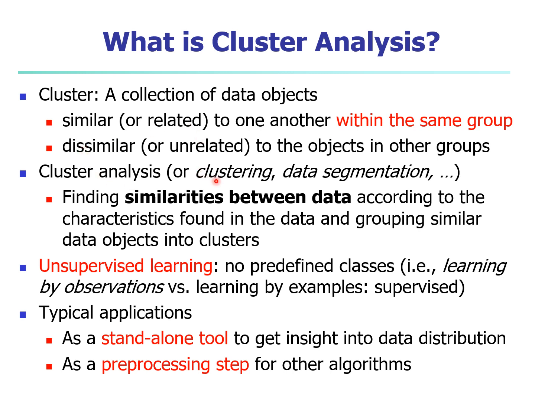Cluster analysis, also called clustering or data segmentation, is about finding similarities between data objects while considering special characteristics. These characteristics are found in the data, and in data mining language, these are attributes that are found in the data, and we use these attributes to group data objects that are similar together into clusters.